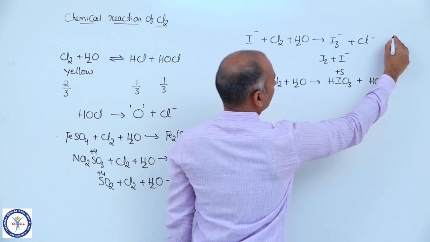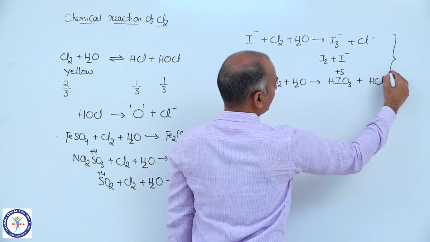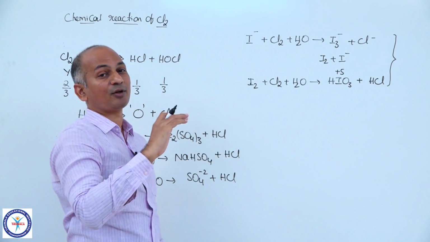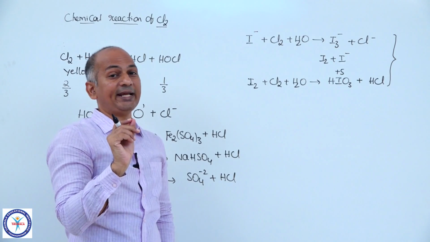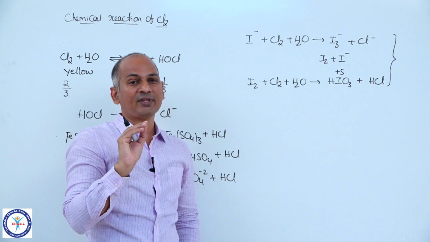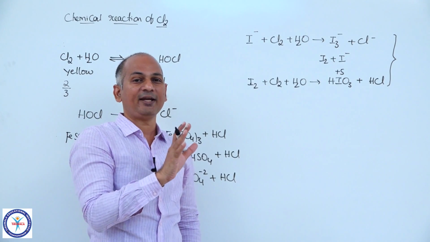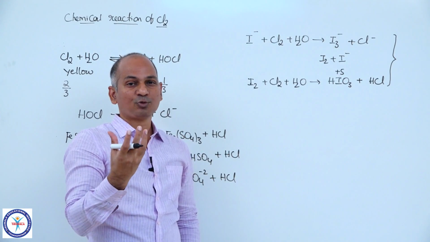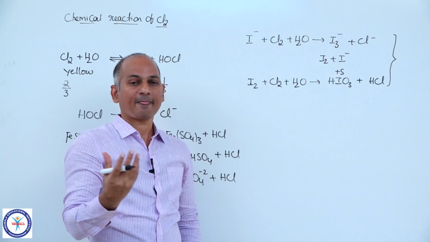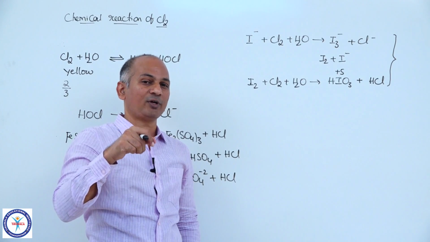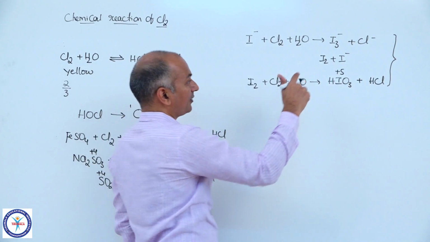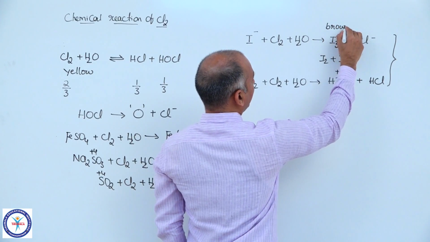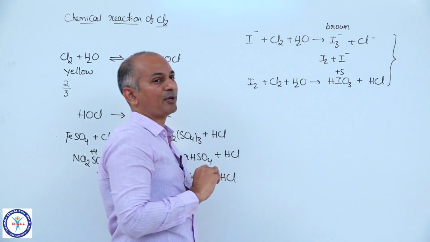Actually, these two reactions, this set of reactions, is used in qualitative analysis to detect I minus. One of the practical tests to identify I minus is to add chlorine water. Suppose in the test tube we have I minus. First you add some amount of chlorine water. You will get brown color because of the formation of I3 minus, triiodide ion, which is brown in color.